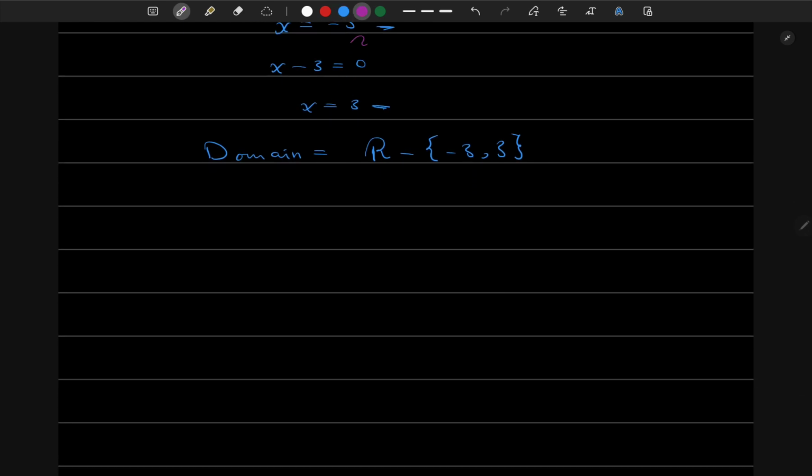Moving on to a different type of function, and this time we're going to look at the square root function. Now, square root functions, as the name says, are functions that have x, or it doesn't have to be x because we can have any different variable, under the square root.